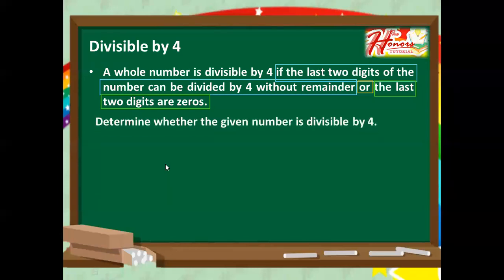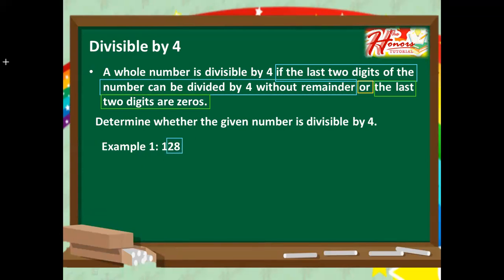So let's determine whether the given number is divisible by 4 or not. Example number 1, we have here 128. Let's focus on the last two digits of the number. What are the last two digits of the given number? We have here 2 and 8.